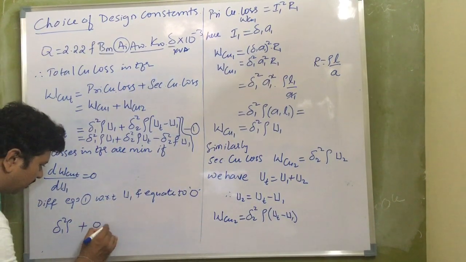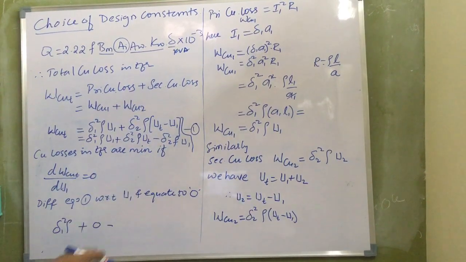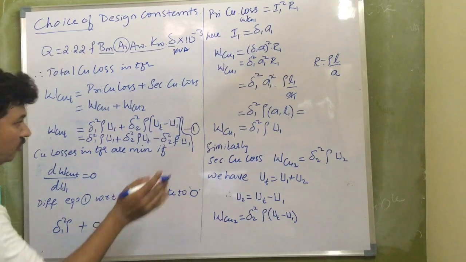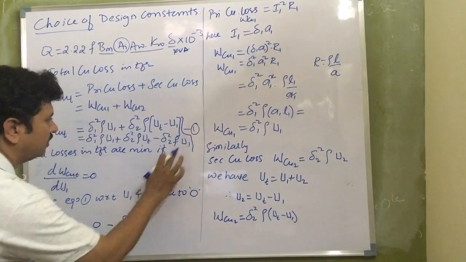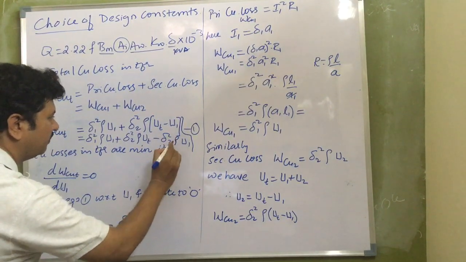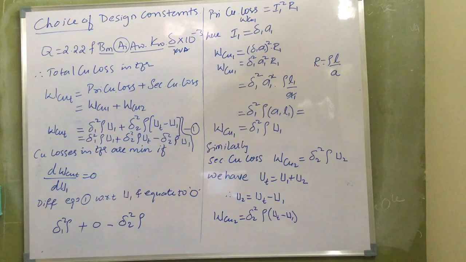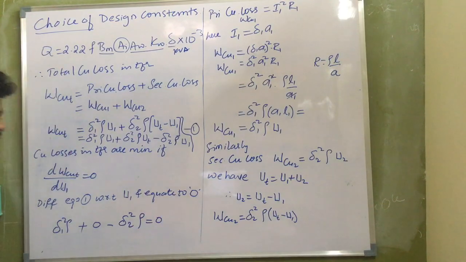So plus 0 minus the differentiation of delta 2 square rho into U1; again, differentiation of U1 with respect to U1 is 1, so it will be delta 2 square rho. Out of practice of writing F, every time rho is becoming F by default. Sorry for that. This is rho.